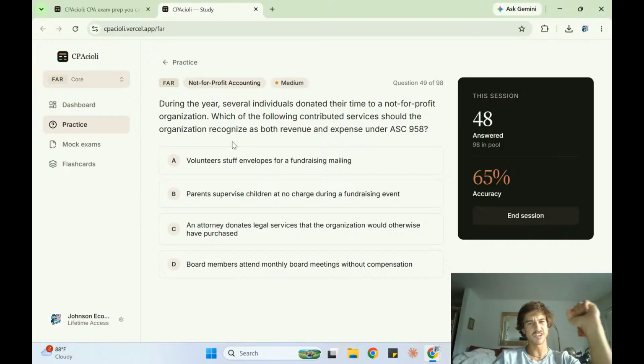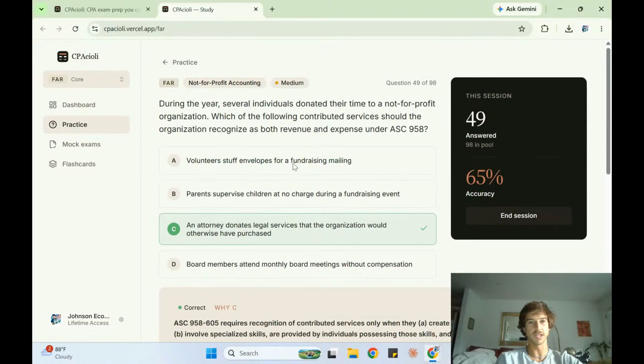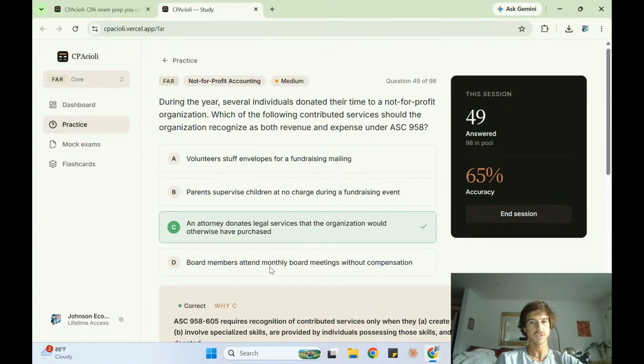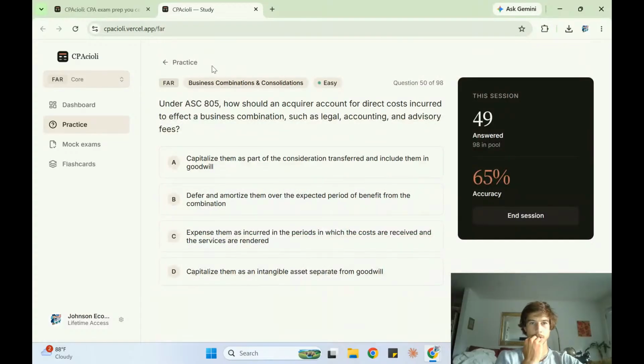I think it's for specialized things, so I believe it'd be C. Okay, cool. Yeah. Create or enhance a non-financial asset or involve specialized skills provided by individuals possessing those skills and would typically be purchased if not donated. So yeah, attorney. Definitely a specialized skill.